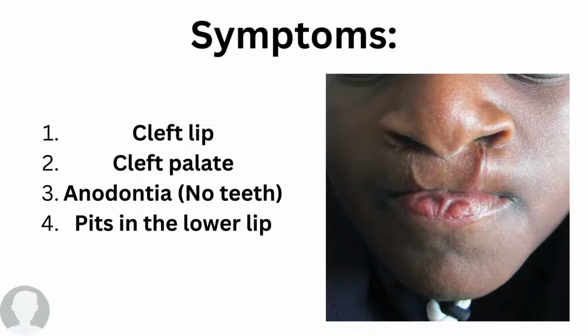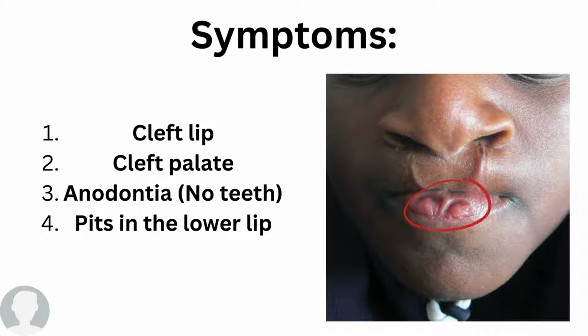Starting with, the patient might have cleft lip alone, or cleft palate alone, or a combination of cleft lip and palate. But we want to differentiate this condition from other conditions that have only cleft lip or palate or a combination of both. In that saying, what do I mean?